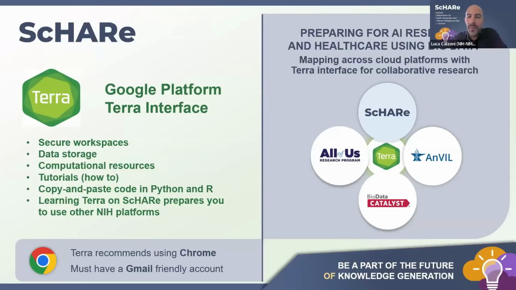Most importantly, learning how to use Terra on ScHARe is also going to prepare you to use other NIH platforms that use the same engine. As you can see on the right, once you learn how to use Terra, you will be able to also use the All of Us platform and BioData Catalyst and a series of platforms that will enable the mapping across cloud platforms. So that's a really interesting possibility.